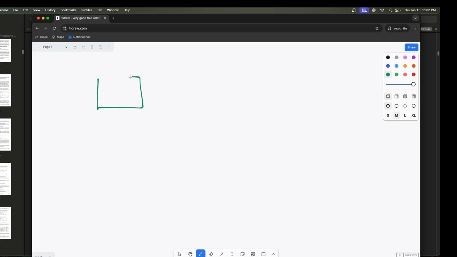this is our computer 1, right? And this is another computer.